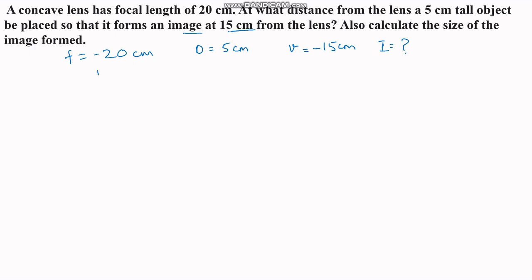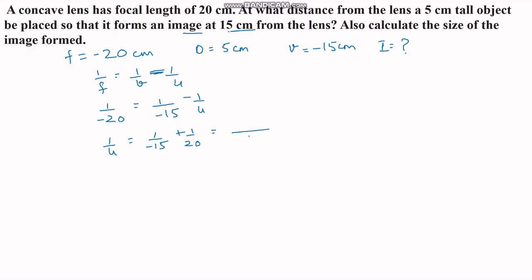So, first, let's find out the position of the object. 1 upon f equal to 1 upon v minus 1 upon u. Substitute the values. So you will get 1 upon u is equal to 1 upon minus 15 plus 1 upon 20.